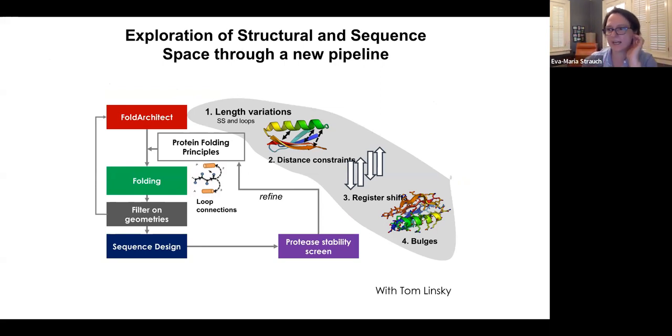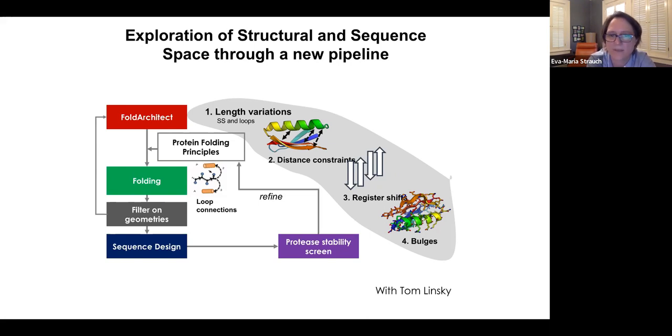You want to say, I want to have 4 sheets, and they can be between 5 to 8 residues long, and then you can have a few distance constraints that are also dynamic because you don't really know the ranges. You can think about register shifts you would like to have, and of course bulges, which allow you to have curvature in sheets.